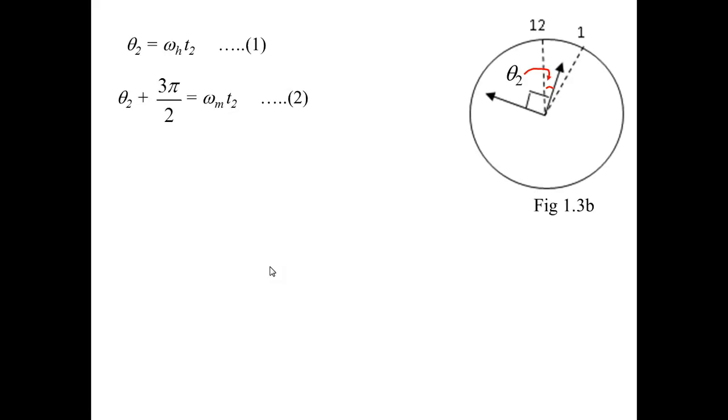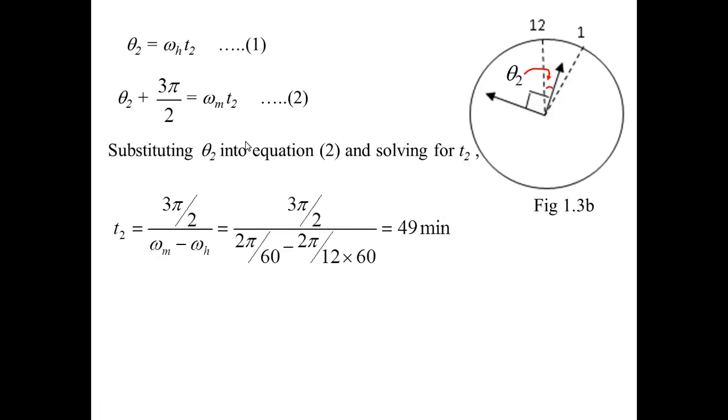The angular displacement for the minute hand will then be theta 2 plus 270, that is, 3 pi over 2, and this will be equal to omega t2. Same thing, substitute equation 1 into 2, and then we find t2. From there we get 49 minutes.